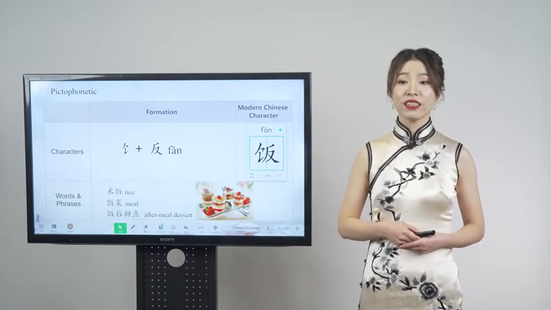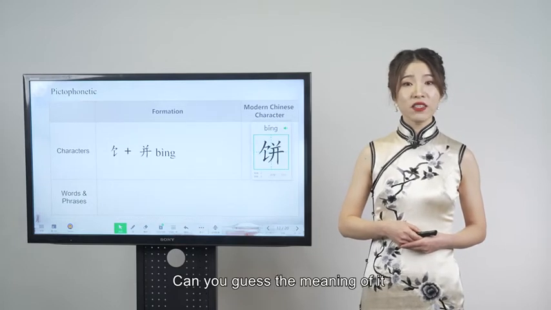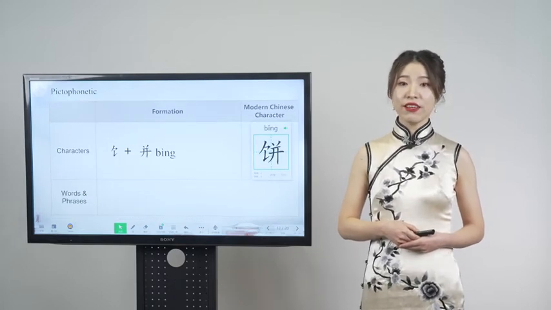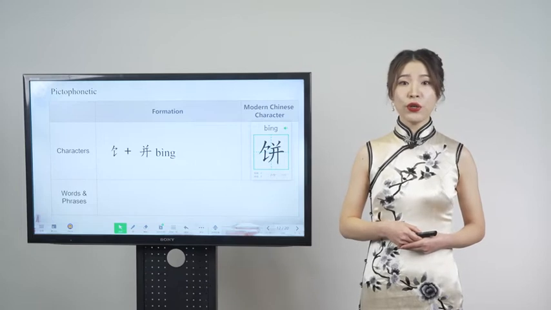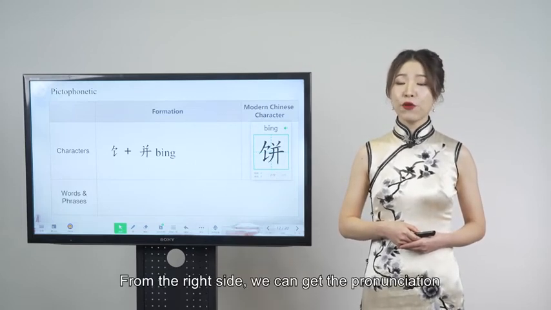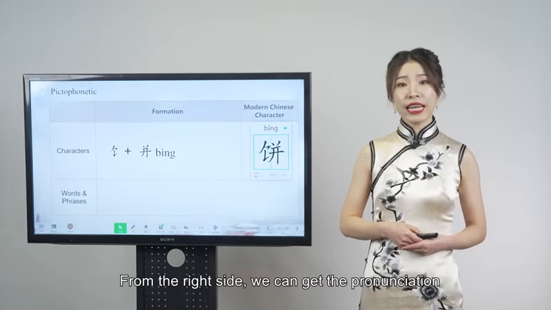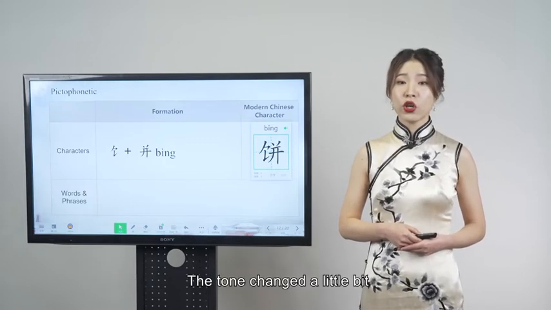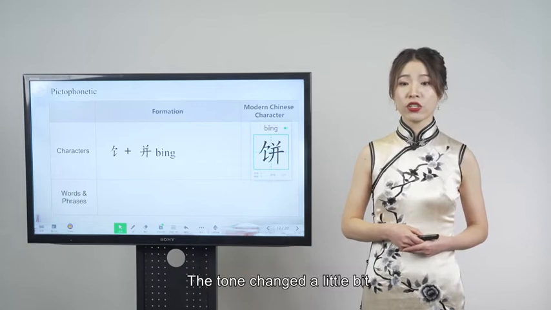饼. Can you guess the meaning of it? From the component 食, we can tell its meaning has something to do with food. From the right side, we can get the pronunciation. The tone changed a little bit.